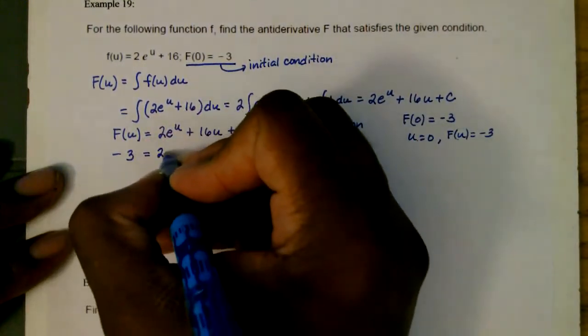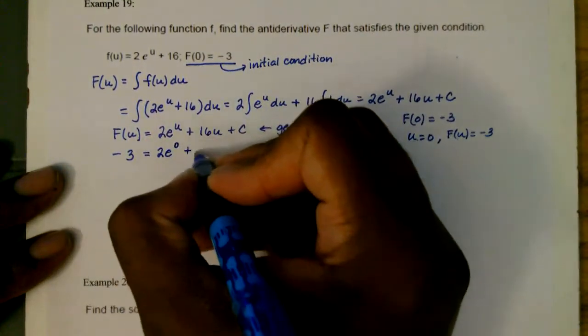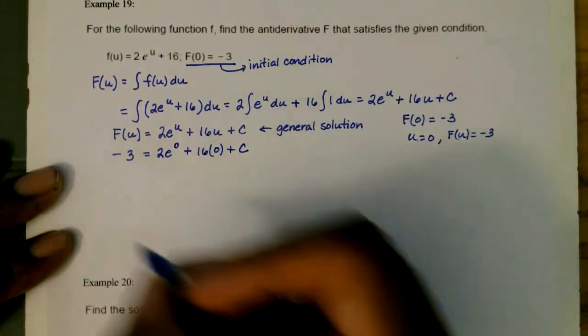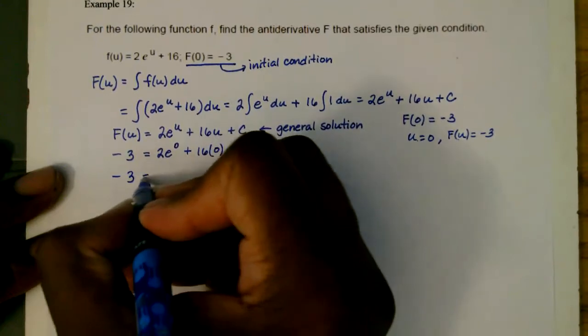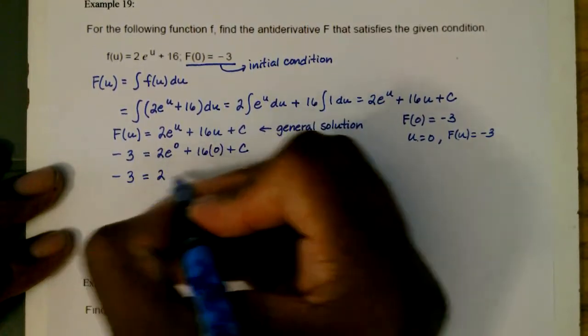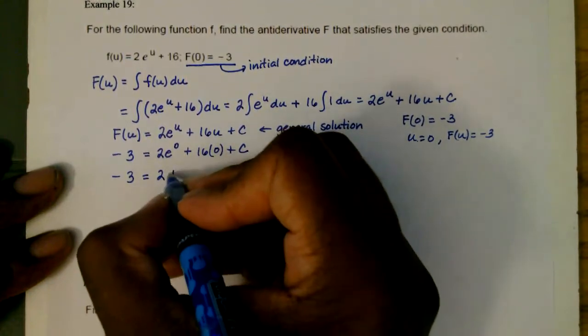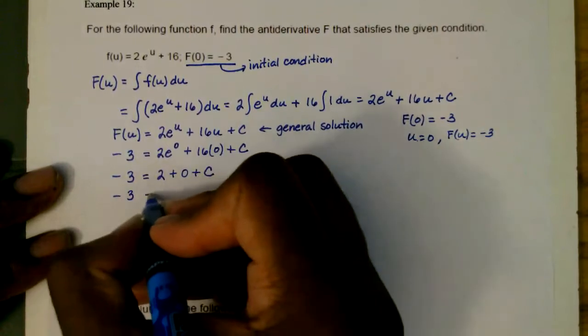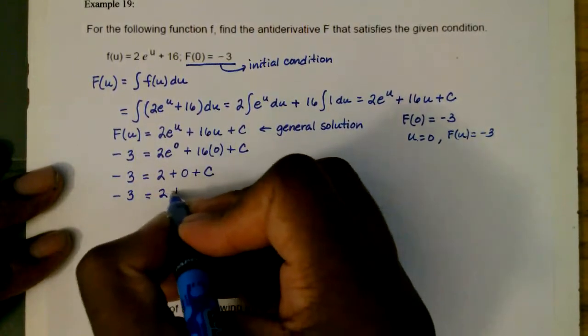So I have 2e to the 0 plus 16 times 0 plus c. Well, e to the 0 is 1 times the 2 will be 2. 16 times 0 is 0, and then plus c. So I have -3 is equal to 2 plus c.